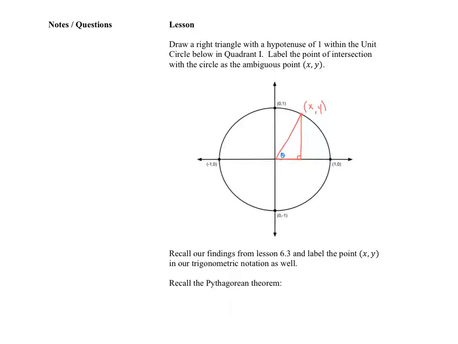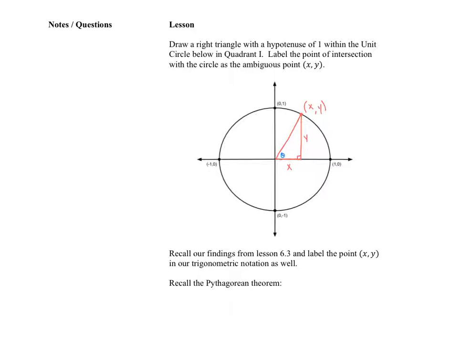That's because if I try to figure out where this point is, I have to go over some distance and up some distance to get there. Since I don't know what that distance to the right is, and I don't know what that distance up is, I'll call it x and I'll call it y. And that gives me this point xy, the ambiguous point xy, meaning we're not really sure exactly its location.